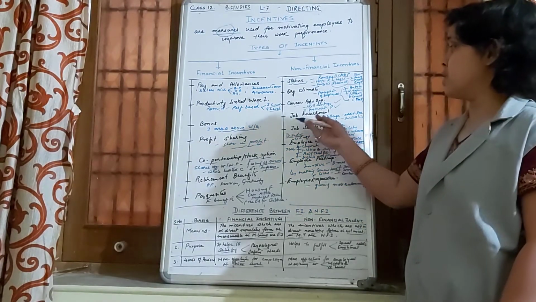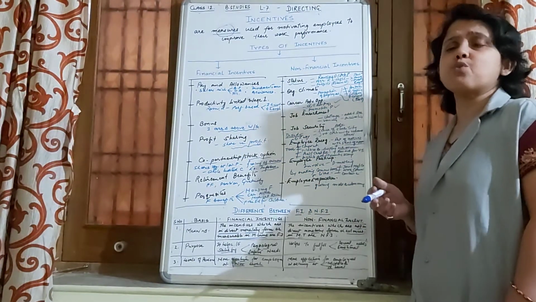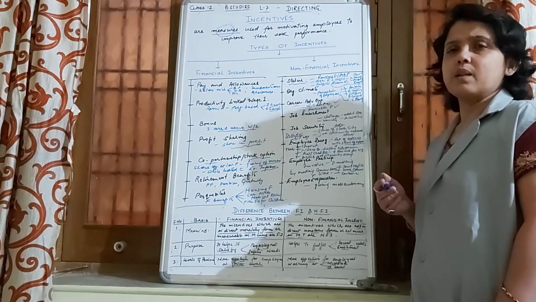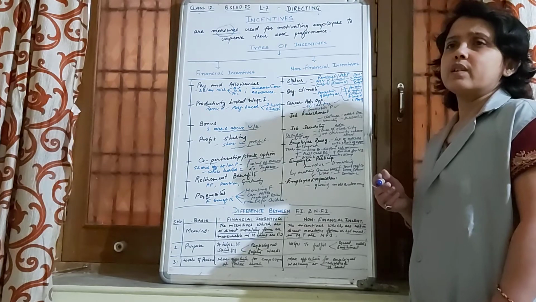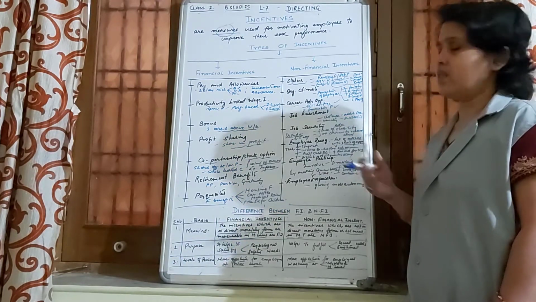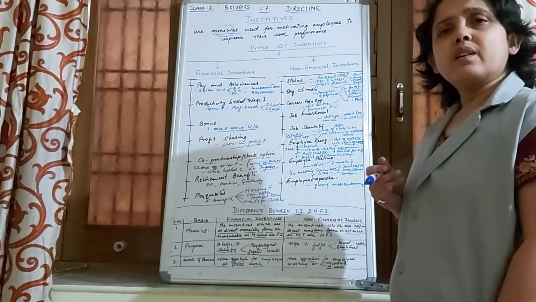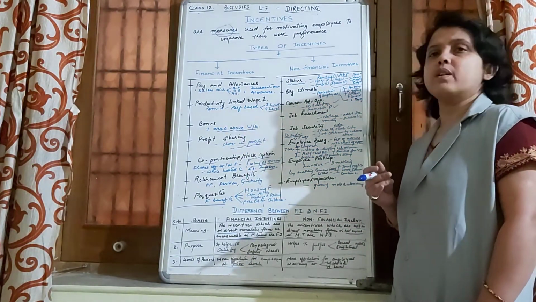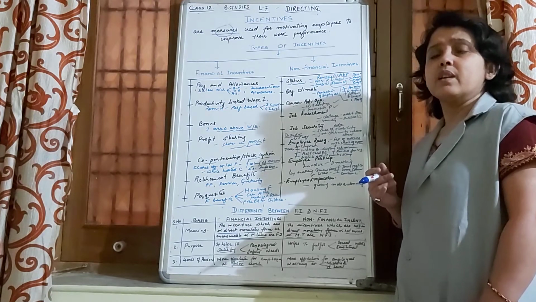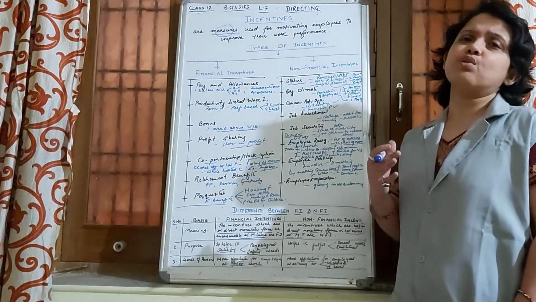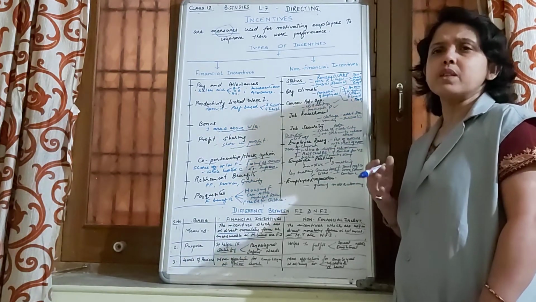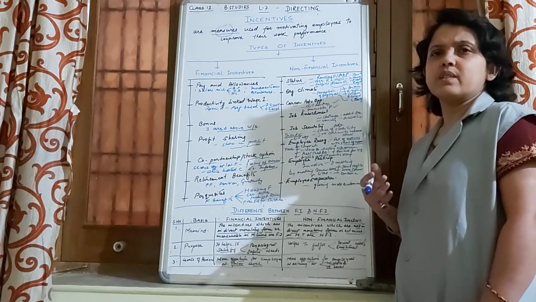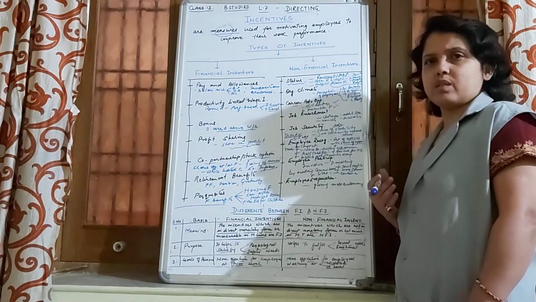Then comes the next, which is job enrichment. Sometimes an employee feels that he or she working in the organization should be learning different types of work. That means versatility or diversity in the nature of work is always welcomed by the employees.